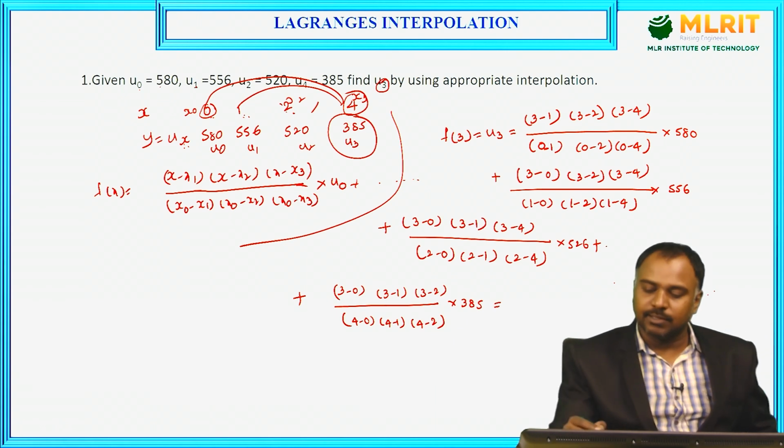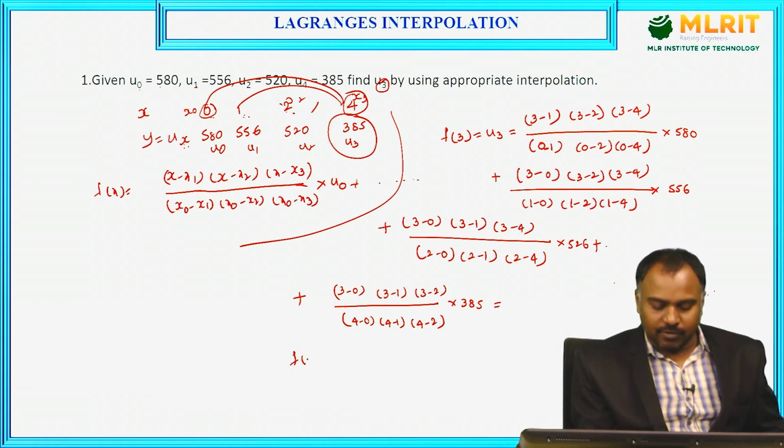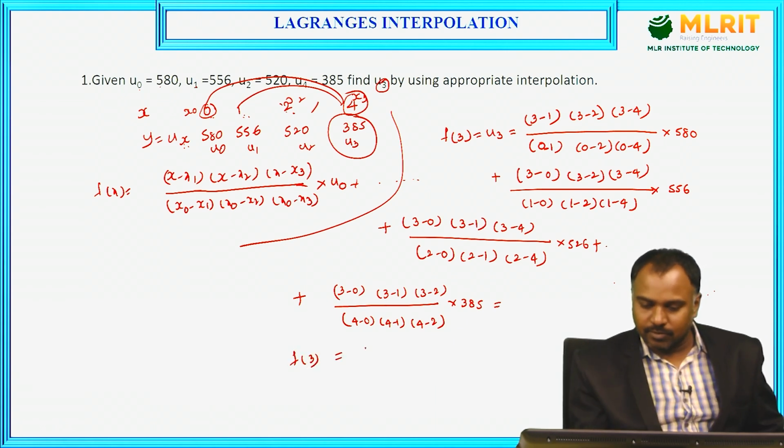So you need to simplify these, like f of 3, 3 minus 1 is 2.